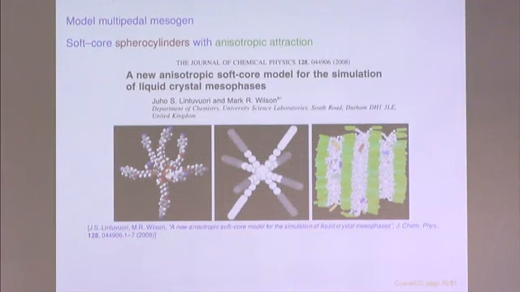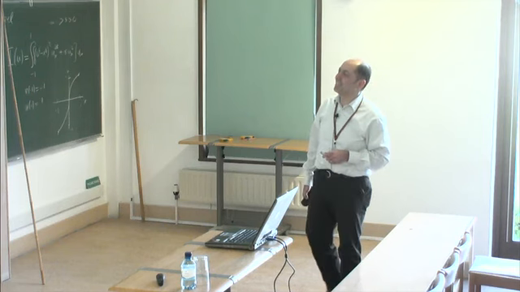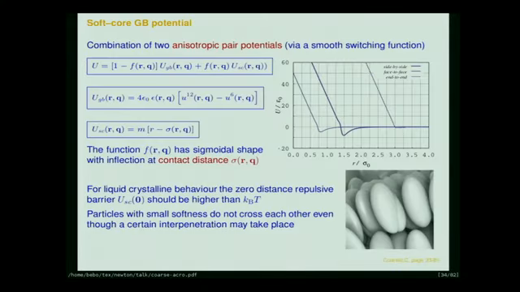The idea for this potential was generated by the work of Mark Wilson, when he used a coarse-grained model based on soft ellipsoids to study the mesogenic properties of this kind of huge octopus-like molecules.